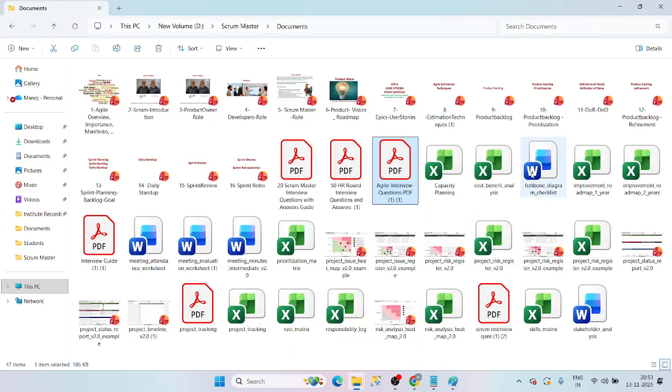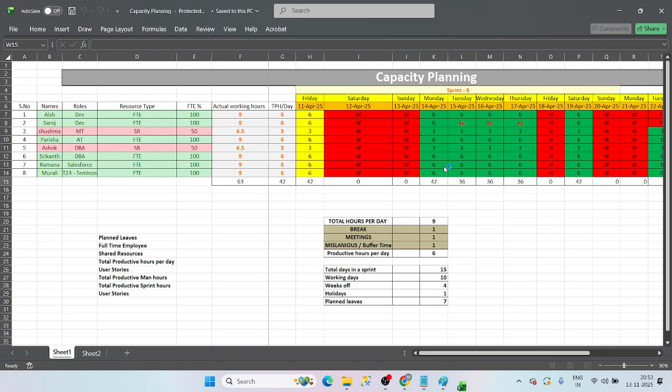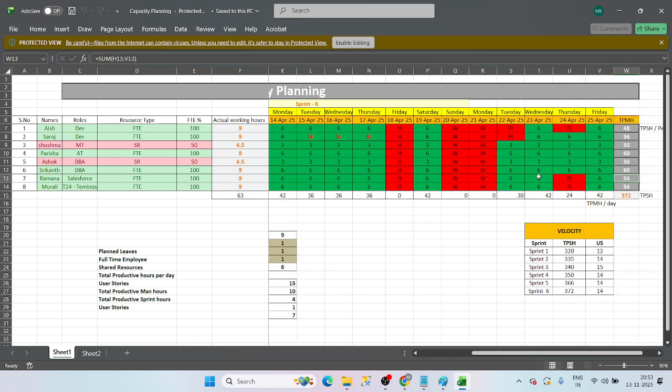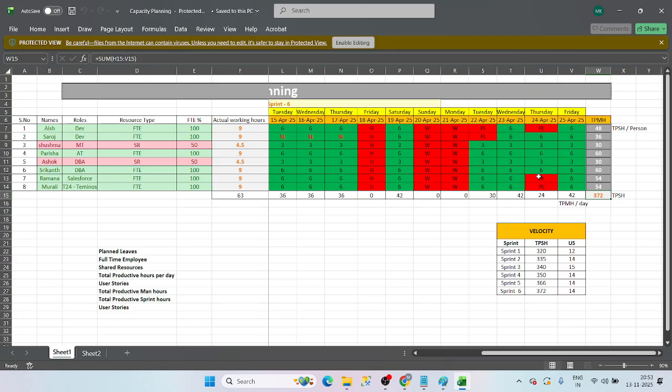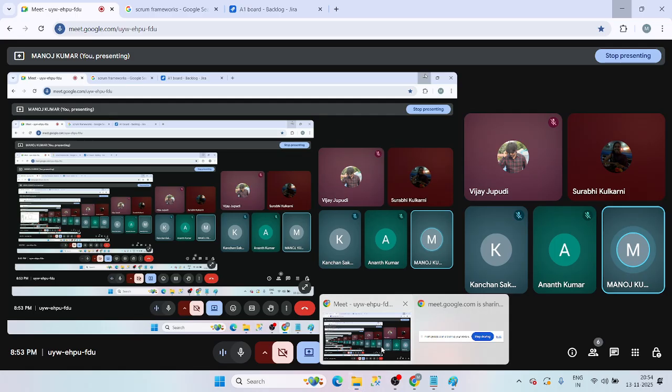See, we have capacity planning. Based upon the capacity planning, how many hours are left? Just consider we have 1,000 working hours, productivity hours is 1,000. For that 1,000 hours only, we are going to pick up the tickets. Understood, guys?